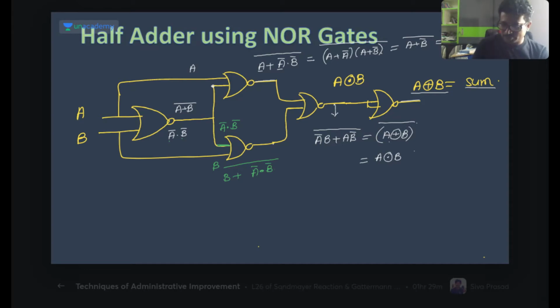So this is equal to B plus A bar into B plus B bar whole bar, which is equal to B plus A bar whole bar, which is nothing but B bar into A. Isn't it? That is what we have seen now.